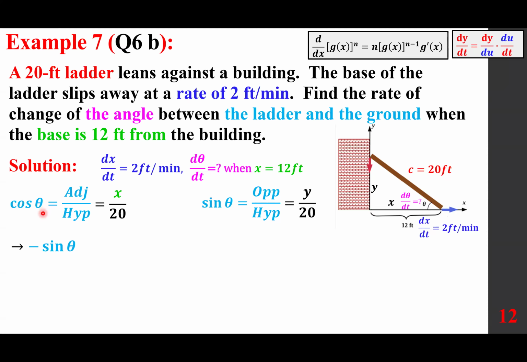Theta depends on t, so times d theta dt, and I'm going to write this as 1 over 20 times x, just because I want everybody to see we have 1 over 20 times dx dt.